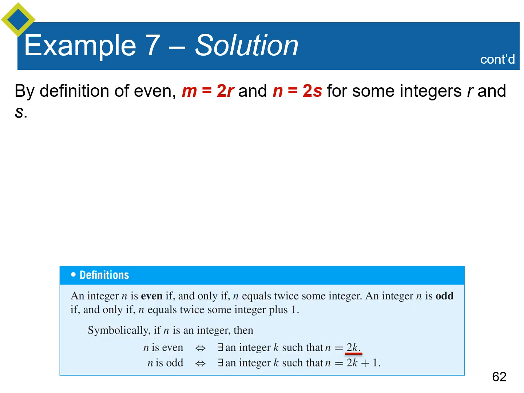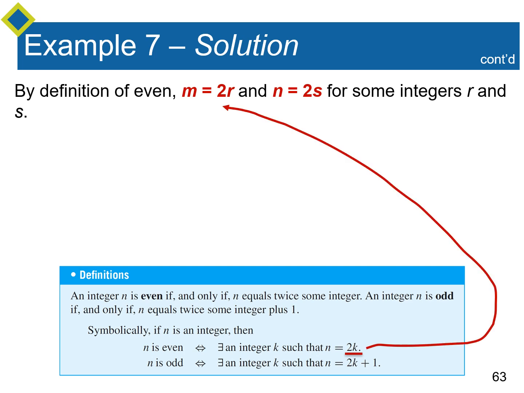By the definition of even, m equals 2r and n equals 2s for some integers r and s. Because m is an integer, m is even, n is even, so each becomes 2k. So we use other variables here, r and s.